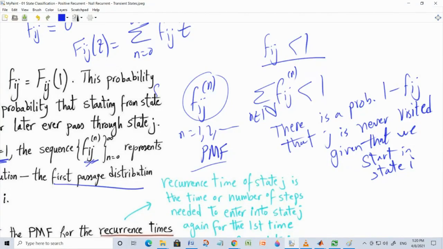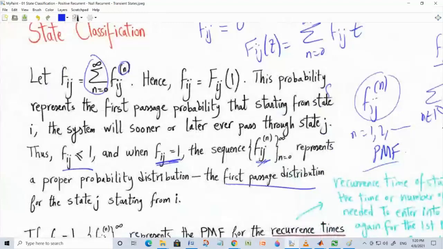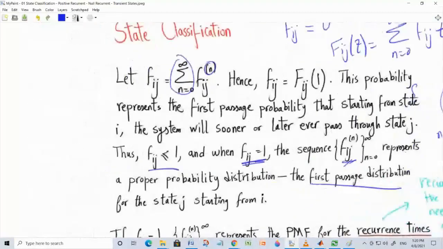The missing value is basically n equal to infinity, which is the way of saying that there is a probability, which is 1 minus Fij, that you start in i, but you never, in any finite number of steps, no matter how large, enter into state j for the first time.